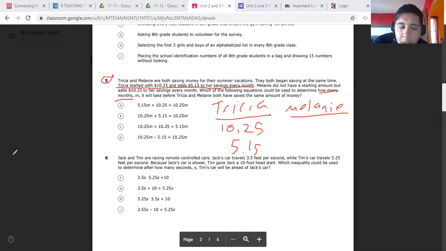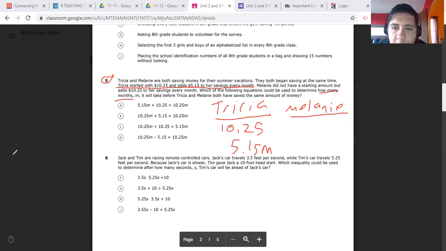Okay. So we don't know exactly how many months they're saving, but we know that every month that passes by, we're adding $5.15. So if we say, like, after 10 months, how much will they have? Then we can just say that we're going to multiply $5.15 times 10. Okay. So that's where we're going to put the M. We're going to put it next to that $5.15.